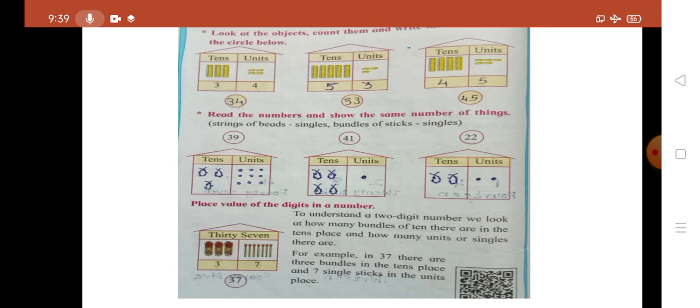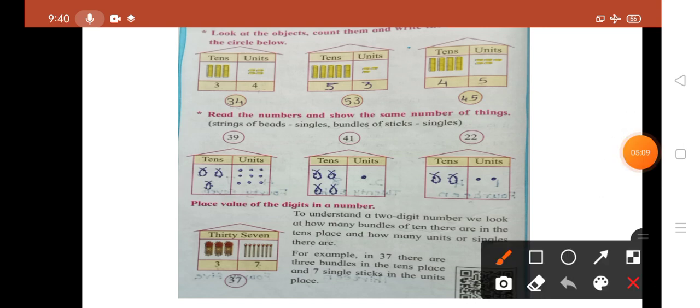To understand a 2-digit number, we look at how many bundles of 10 there are in the tens place and how many units or singles there are. For example, in 37, there are 3 bundles in the tens place and 7 single sticks in the units place. So students, see how we will see the place value of a number.